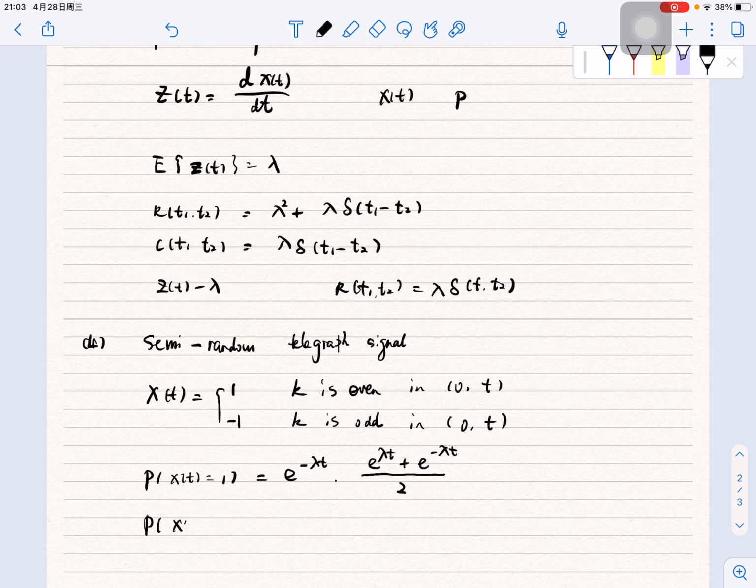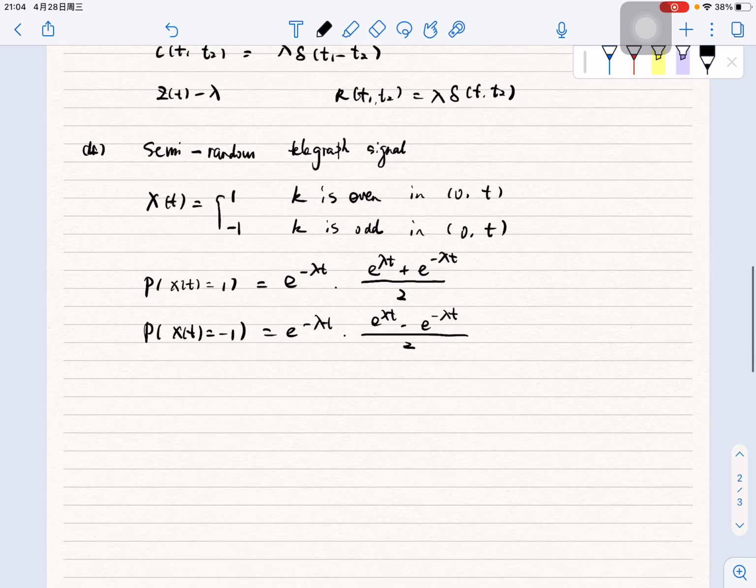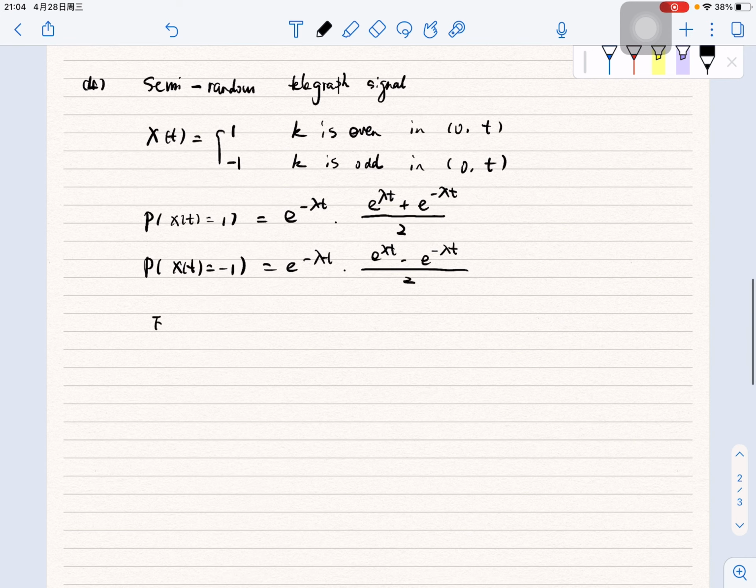The probability X(t) equals minus 1 equals e to the minus lambda t, multiplied by (e to the lambda t minus e to the minus lambda t) over 2. We can get the mean: the expectation of X(t) equals e to the minus 2 lambda t.